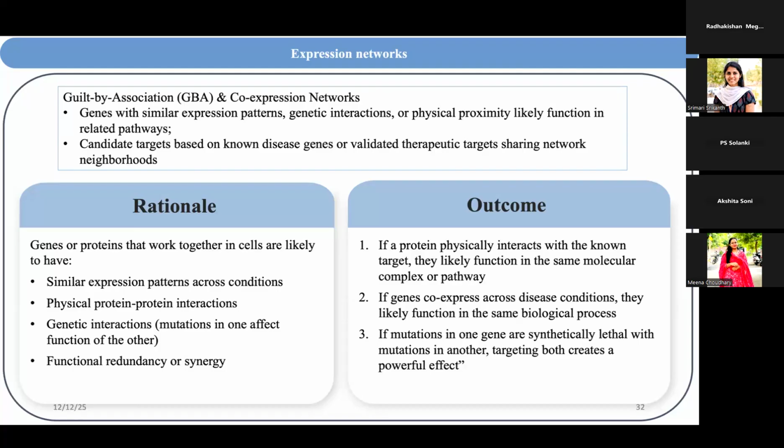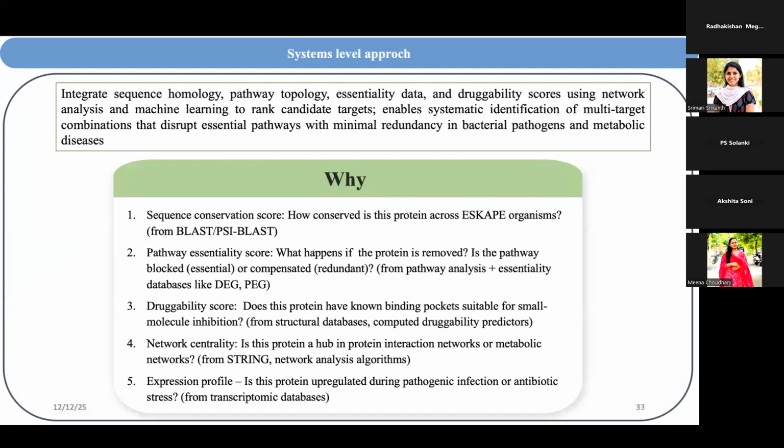If a protein physically interacts with our known target, they likely function in the same molecular way. If genes are co-expressed, they are likely to function toward the same biological outcome. And if a mutation in one gene is synthetically lethal with a mutation in another gene, then targeting both creates a powerful effect.